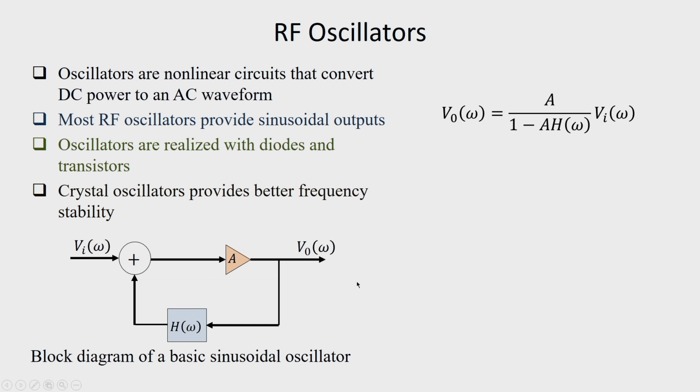So, V I plus V naught H, this is multiplied by A, and that becomes equal to V naught.